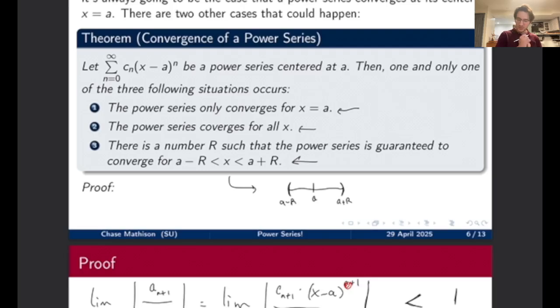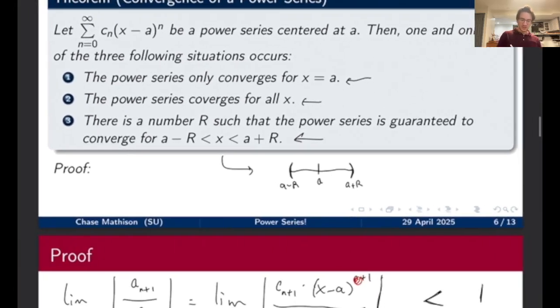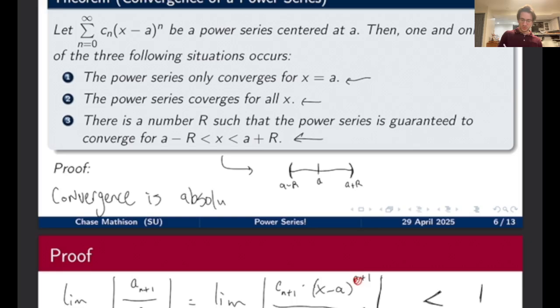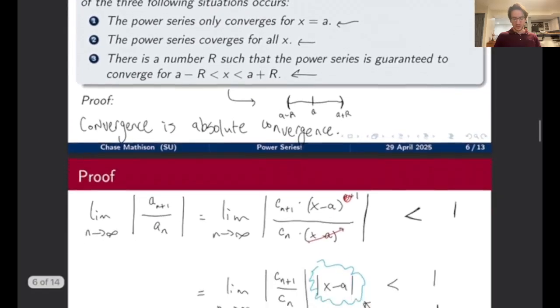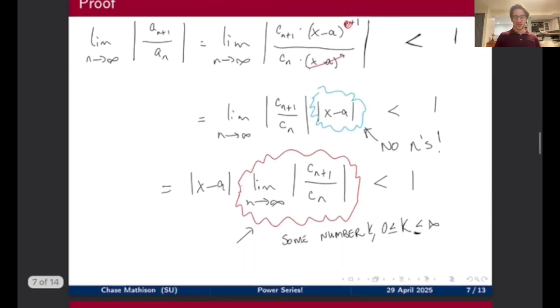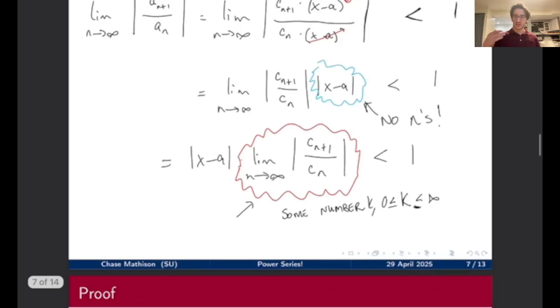And something that I should say up here is that the convergence is absolute convergence. And why is it absolute convergence? Well, because we're using the ratio test. The ratio test tells us that a series that passes the ratio test converges absolutely. And so when we're talking about convergence here, by using the ratio test, that convergence is guaranteed to be absolute convergence for whatever x we're looking at.